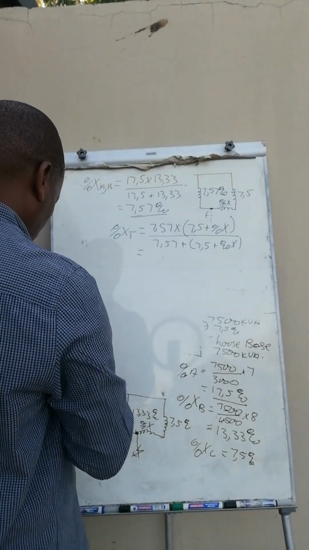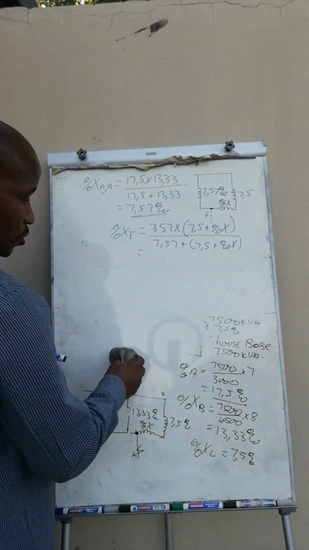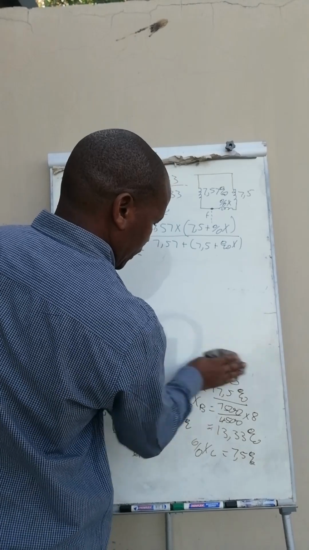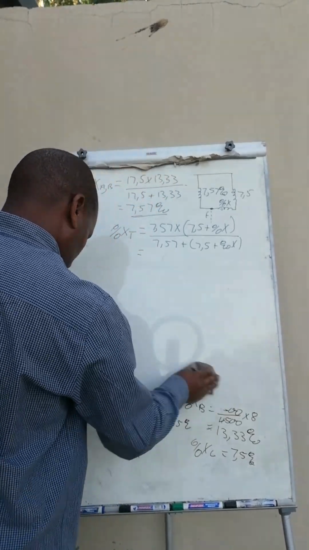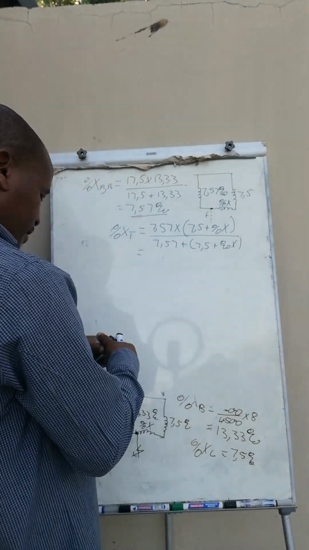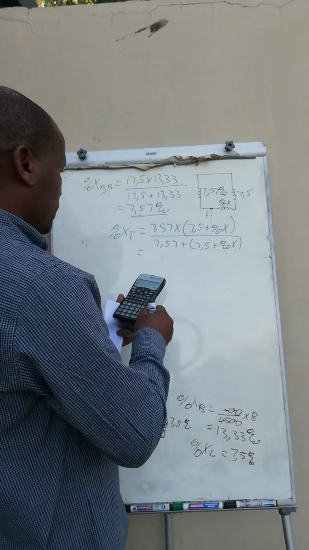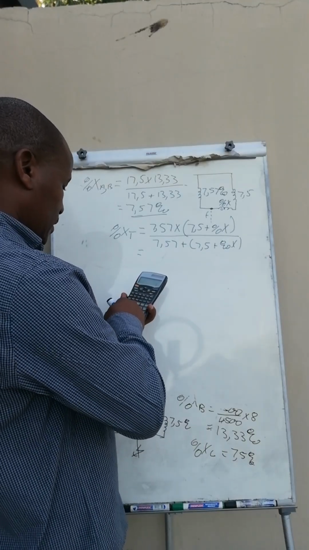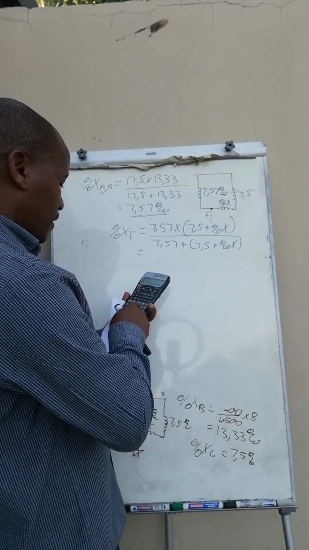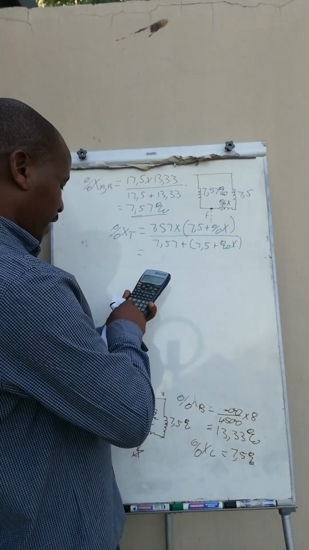Now let's check. It is 7.57 multiplied by 7.5.